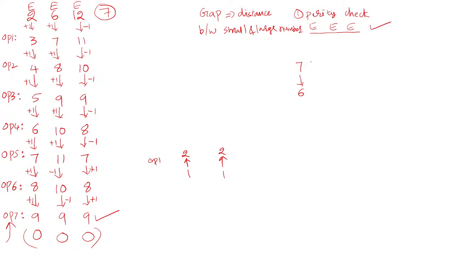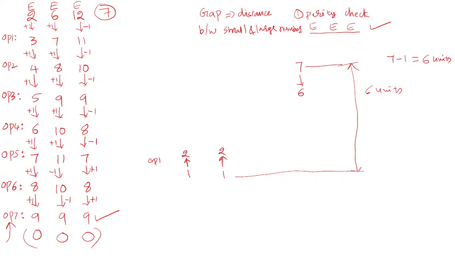Initially, what is the maximum value? 7 minus 1. So what is the gap between maximum and minimum? It is 6 units, 6 meters, you can say.